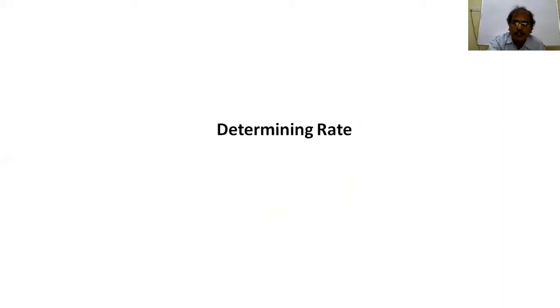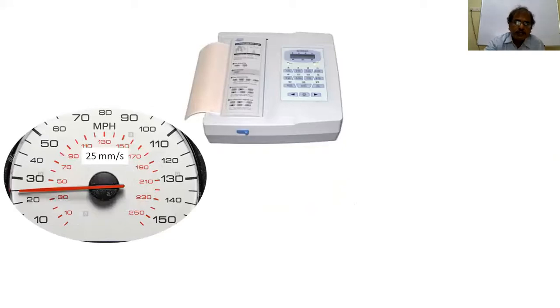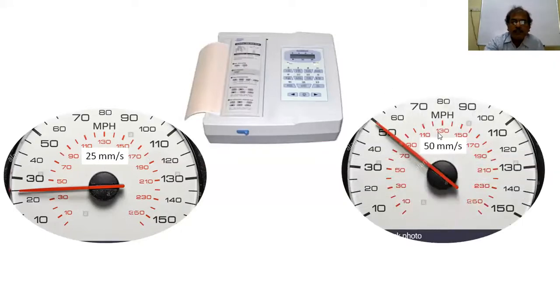Okay. Now we have to determine the heart rate in the ECG. What do you require? You require an ECG machine. Then you have to decide whether the speed of this ECG machine is 25 millimeter per second, or the second option, 50 millimeter per second. You have to choose between these two.